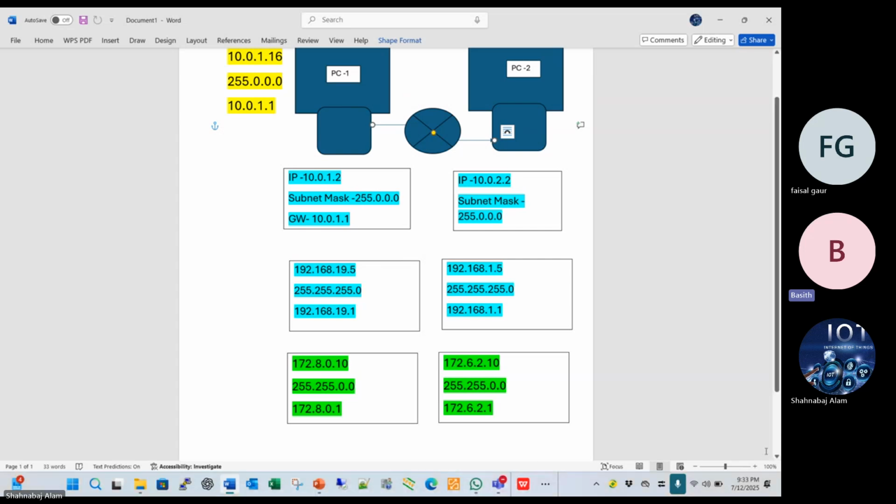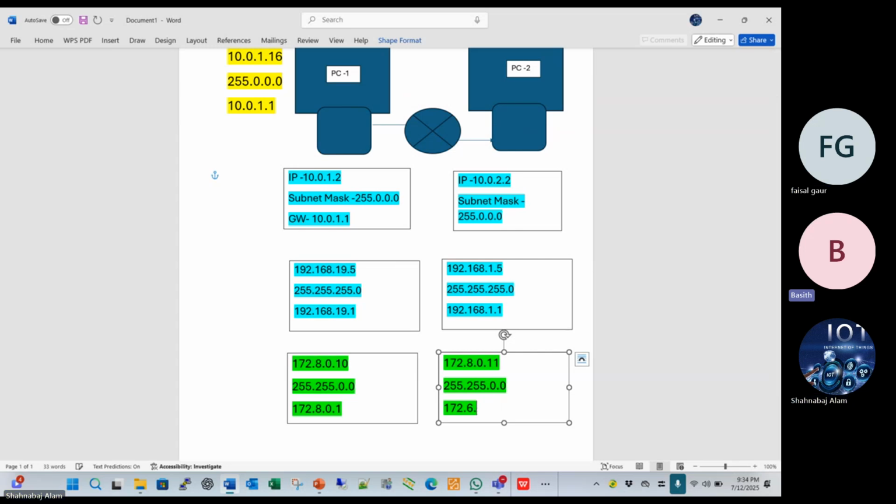Can you change the second PC's IP, the green one, 172.6.2.10? Okay, I will tell you the IP so that they will be connected: 172.8.0.11.